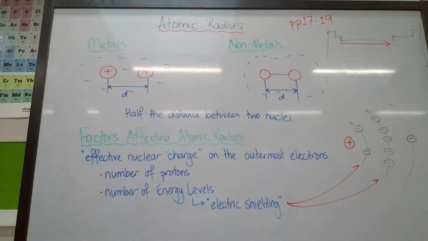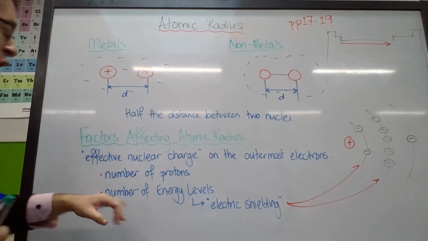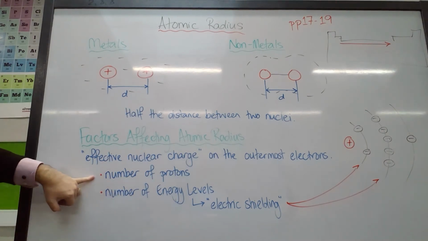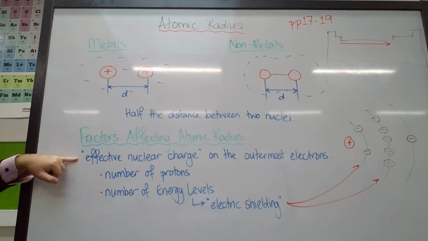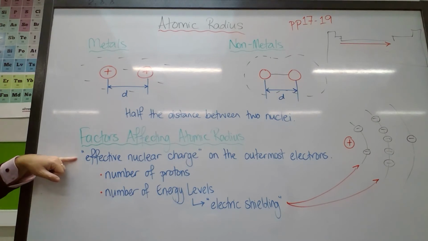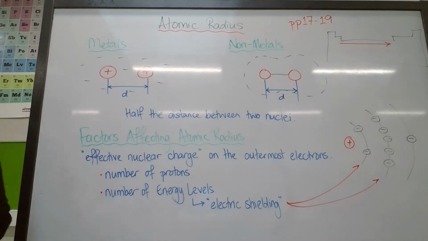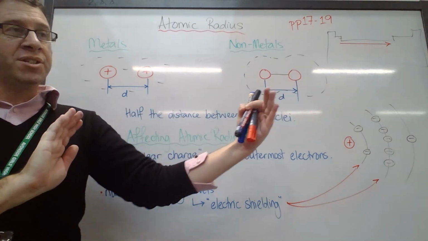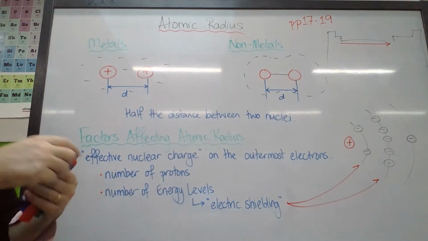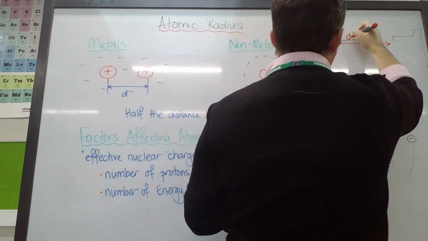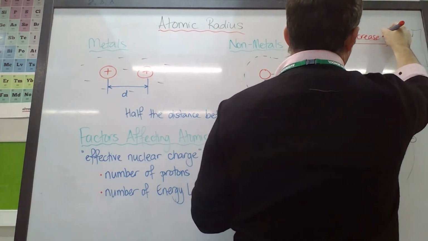So with more protons in there, but no increase in shielding, my effective nuclear charge has increased. That would mean if there's more of a pull, what would that do to those outermost electrons? Would it let them get further away or pull them in tighter? Tighter, fantastic. So what we find is the radius decreases as we go across a period.